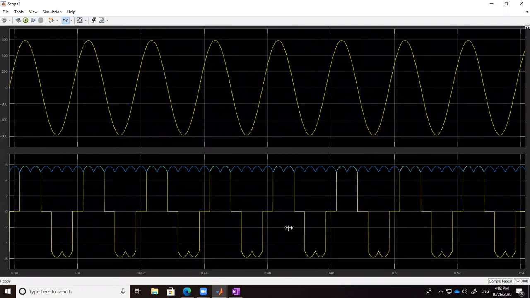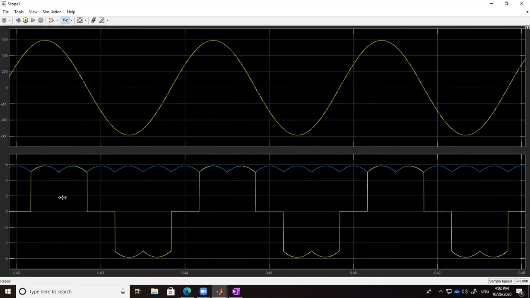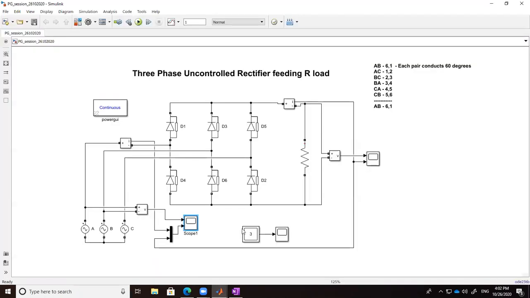Just a minute. So for 60 plus 60, 120 degrees, one phase is conducting. Now, how did I get this idea? If you look at this, A phase is conducting for 60 degrees and then for another 60 degrees. Next, during this 60 degrees, only B and C are conducting. A phase is not in the picture.